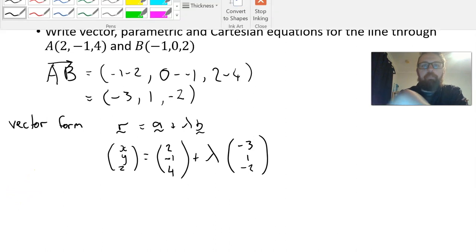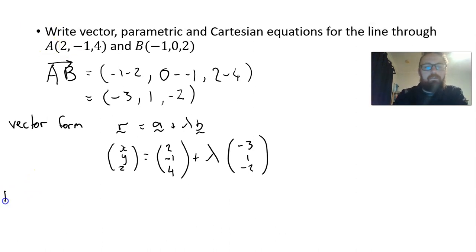Now, our next one is the parametric form. I find this the easiest one. Once we've written it out in vector form, we can just go straight down the line. Firstly, our x, we're just looking only at the top row here. Our x equals 2 plus, this lambda can multiply into all of those, so 2 plus negative 3 lambda.